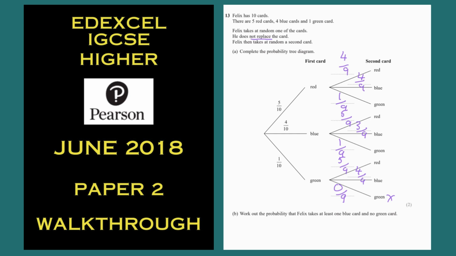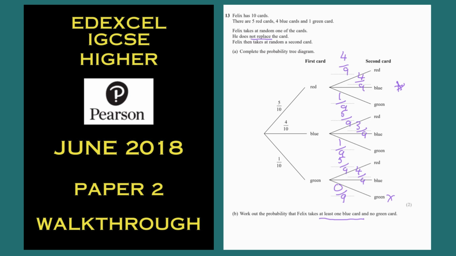Work out the probability that Felix takes at least 1 blue card and no green card. So you've just got to look down each route. As you can see, at least 1 blue card, the only one down the top trio, is there. Because getting a red and a blue would fulfill what you're after.